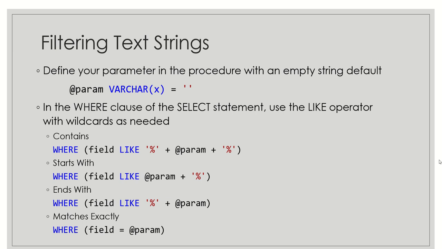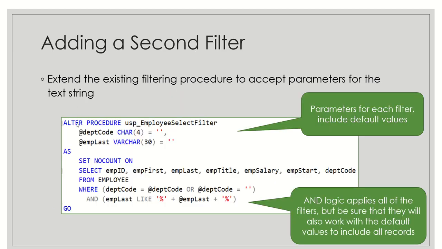So when we create the stored procedure this time around, I'm going to alter the existing procedure and just add on the parts that we need. So I'm going to add a second input parameter to take a value representing the employee's last name, just a partial match. We want to make sure to include a default value. And we want the default value to make sense so that the filter can be bypassed. Now we've already bypassed the department code filter using that empty string.